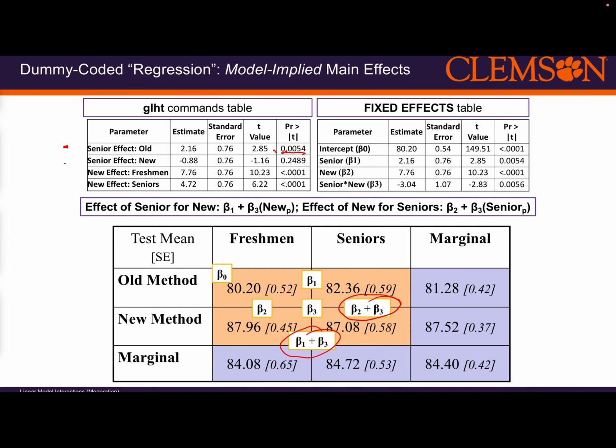However, there is no difference between senior and freshman in the new method. And maybe that's a good thing. Maybe you're creating a curriculum where you want everybody to succeed equally. Of course, then again, you can't really prove a null, so that might not be a good thing, may not just have enough data. Anyway, going down the rabbit hole here, you can see all the different ways that you can, dare I say, subject your R syntax or your data to all the ways of looking at it here.